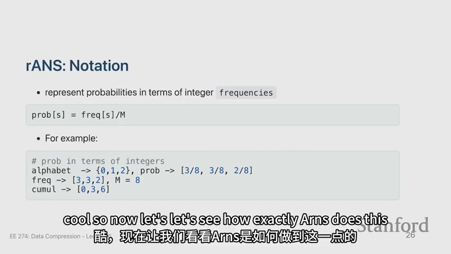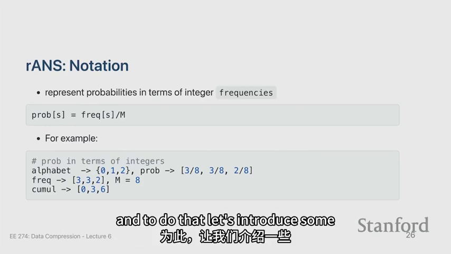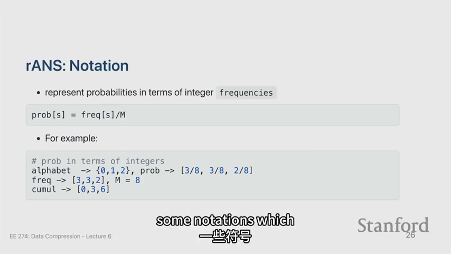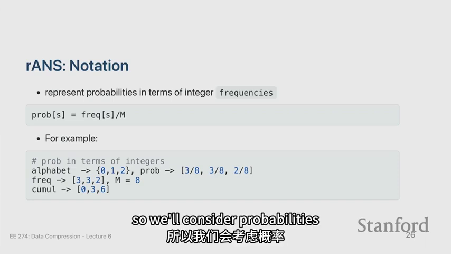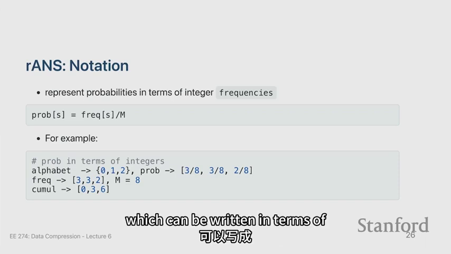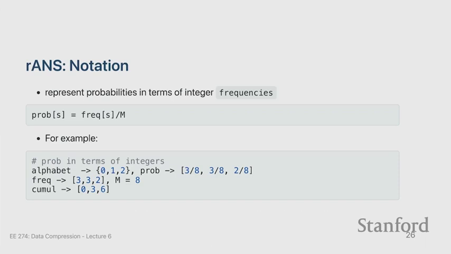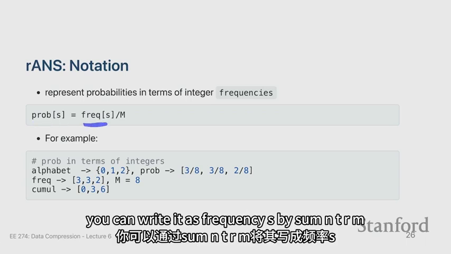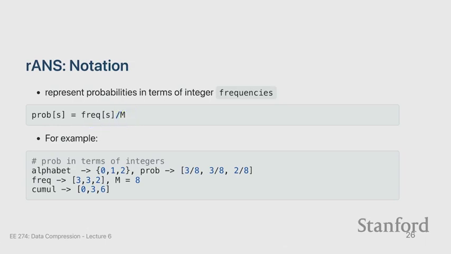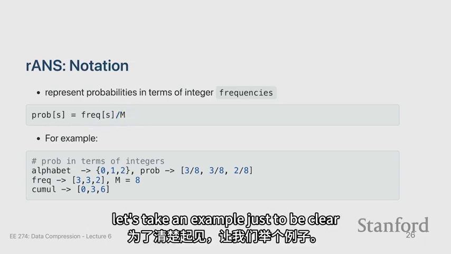Cool. So now let's see how exactly rANS does this. To do that, let's introduce some notation which will be useful. We'll consider probabilities which can be written in terms of integer frequencies. What that means is if you have a probability, you can write it as frequency of s divided by some integer m. Let's take an example, just to be clear.